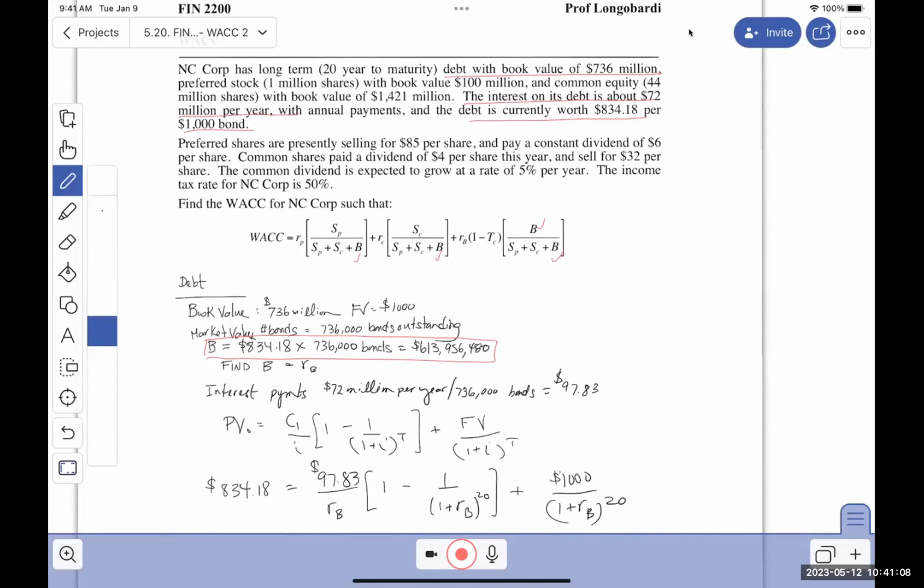So how do we put this in our calculator? 20 into N. RB is what we want. Price is the PV.